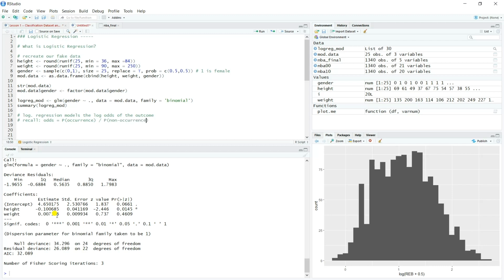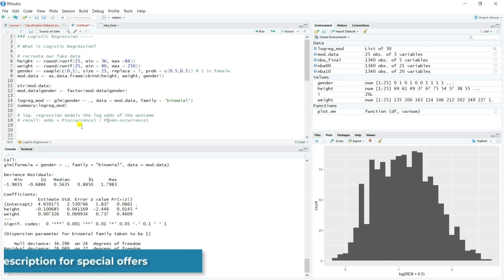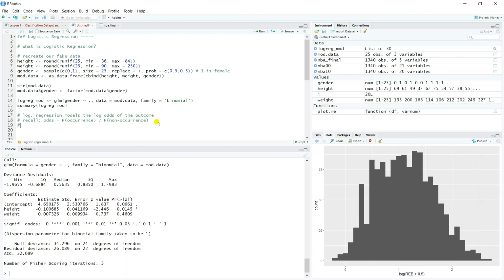So we have the probability that something's going to happen divided by the probability that the thing won't happen. That's the odds, right? And so the log odds, or log of odds, is equal to the log of the probability of occurrence divided by the probability of non-occurrence.